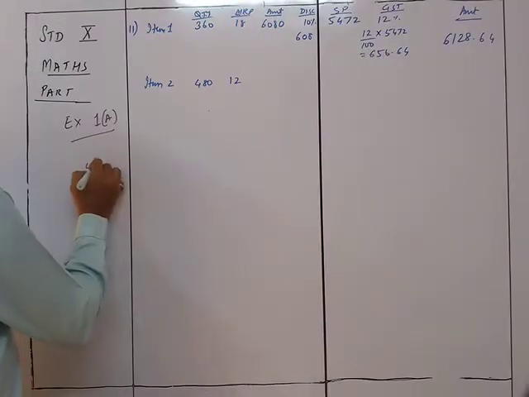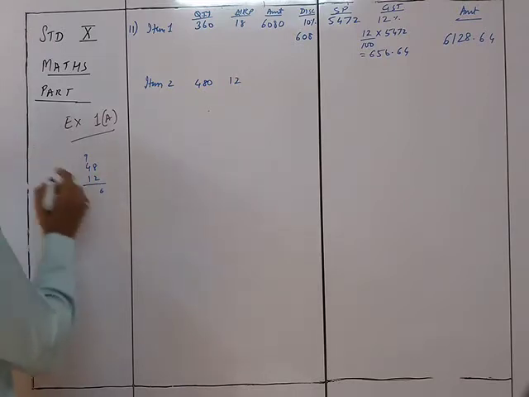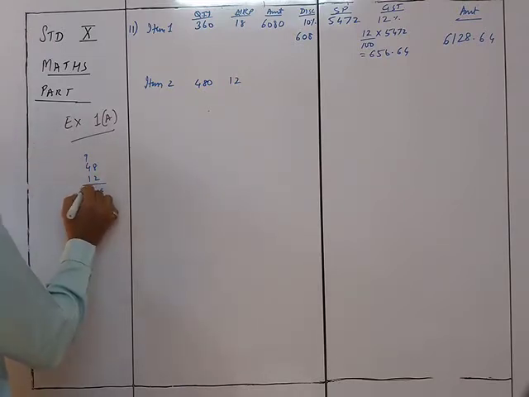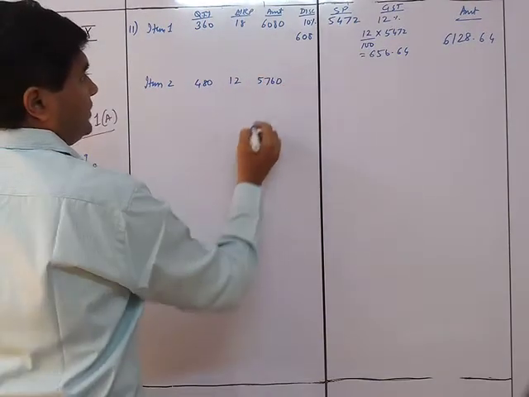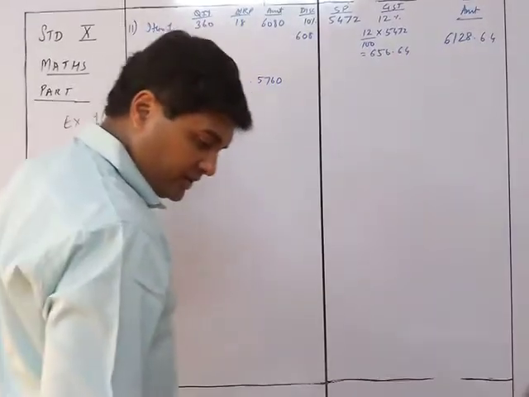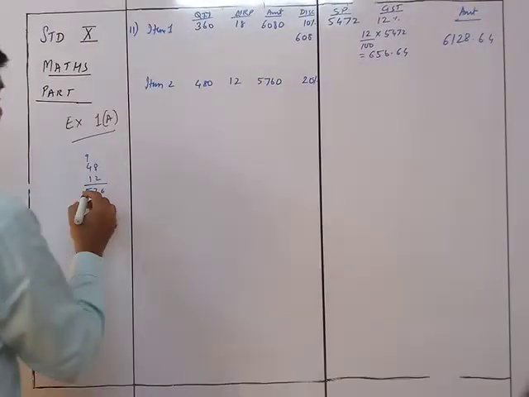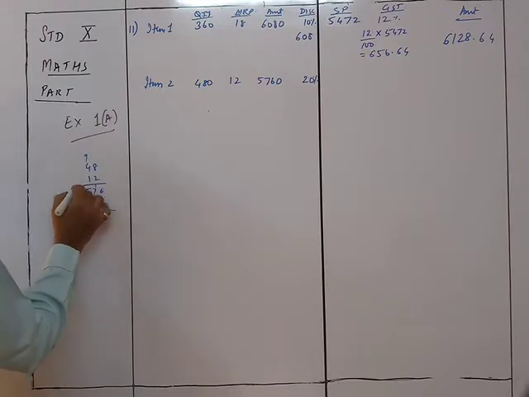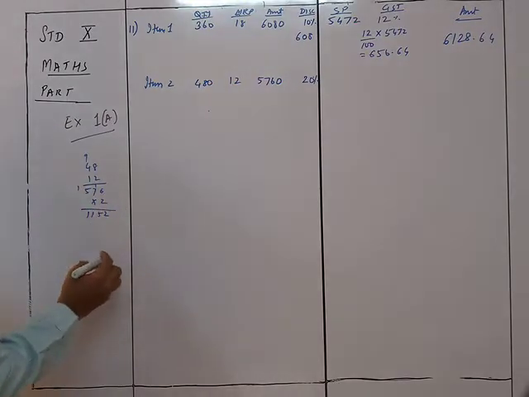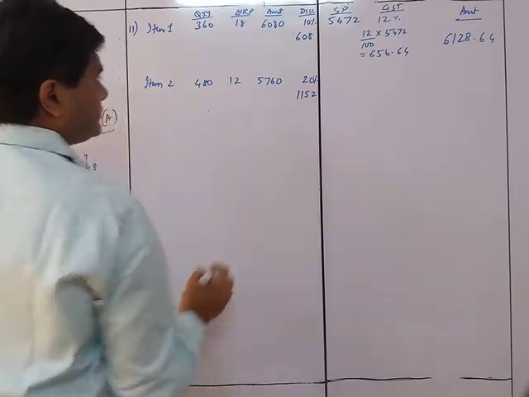So 48 into 12, 12 8s are 96, 12 4s are 48 plus 9, 57. So it is 5760. The discount over here is 20%, so 20% discount is 1152.